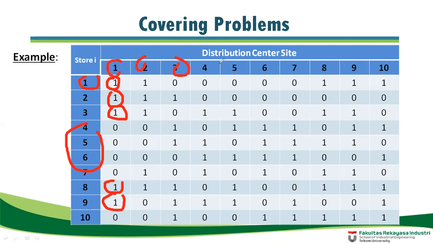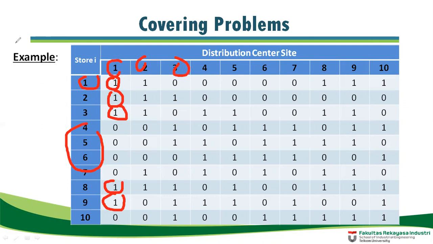It needs a huge amount of project work to be carried out. So in covering problems, the result is building maybe just a few DCs that will cover all my stores. So that's the aim of covering problems.